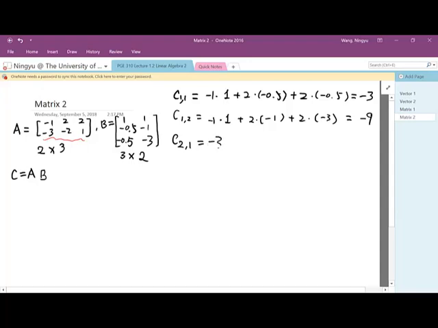So A21 is minus 3 and B11 is 1. Then A22 is minus 2. What is B21? Minus 0.5, plus A23 is 1 times B31 is minus 0.5. How much is this? Minus 2.5. And then we can also get the last element.